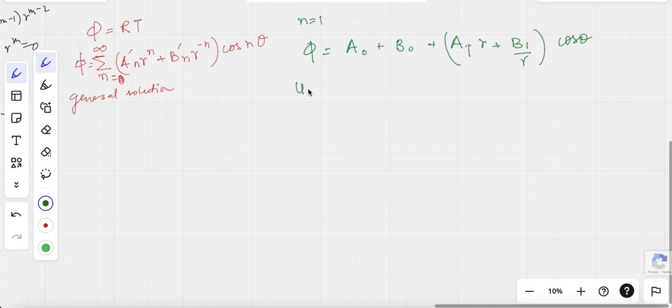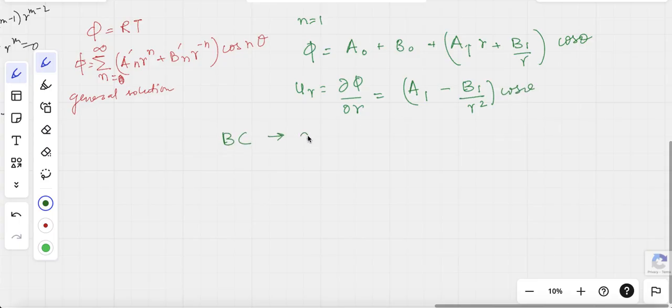We have ur equals d psi by dr, which is equal to a1 minus b1 by r square cos theta. Now we will use boundary conditions.